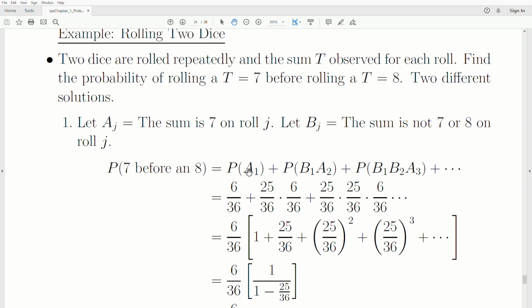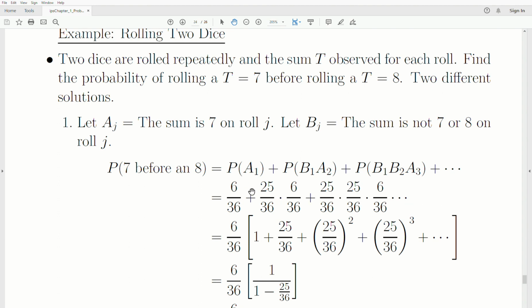So we start looking at these calculations. The probability that we roll a 7 on roll 1 is 6/36. Each time we pick up the dice and roll, it's independent of the previous roll, so this is the product. The probability that we don't roll a 7 or 8 is 25/36. The probability we roll a 7 is 6/36. And then this goes on forever.